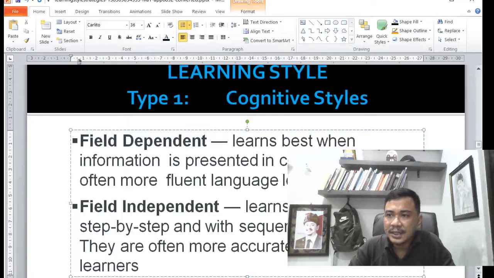You cannot let him or her go through all of the activity at one time. This kind of person has more accuracy in learning language, but the other one is more fluent.